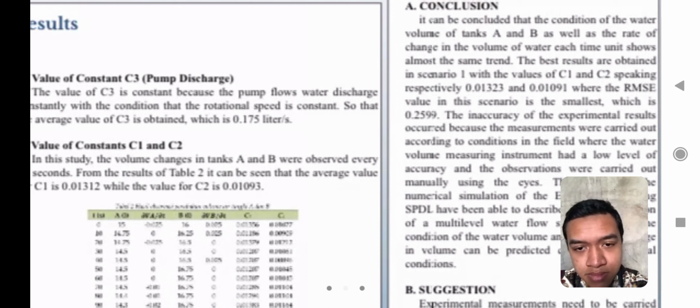The best results are obtained in scenario 1 with values of C1 and C2 respectively 0.01323 and 0.01091, where the RMSE value in this scenario is the smallest, which is 0.2599.